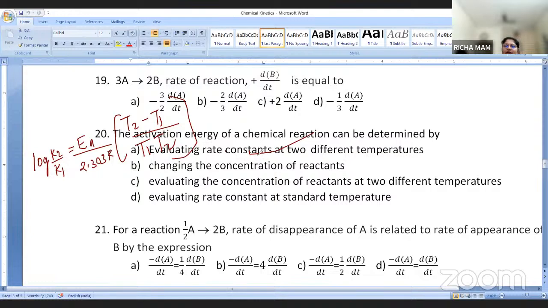So if you evaluate the rate constant at two different temperatures, the activation energy of a chemical reaction can be determined. Is it clear up to here? Yes, Shivaruni has answered it correctly. Very good.